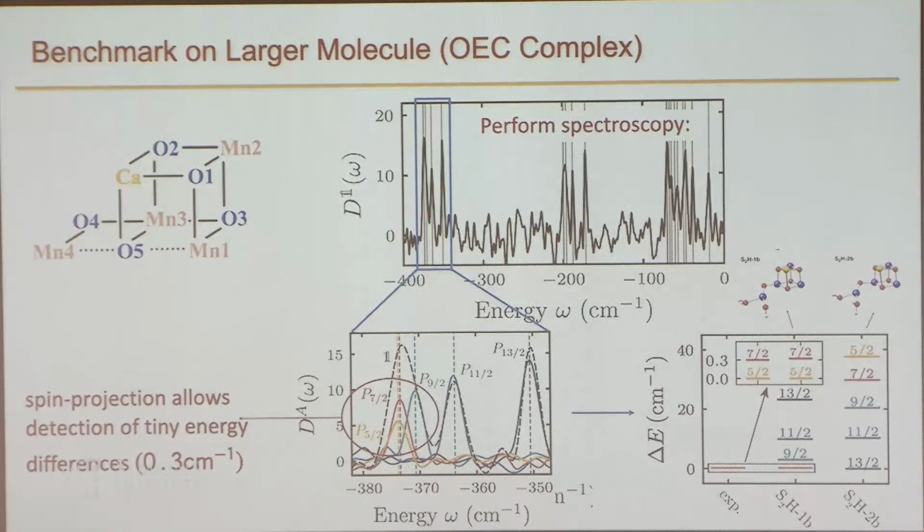In particular, there was a long-standing open question about this same molecule, about two possible configurations of it. I think you cannot see that, they are called S2H1b and S2H2b. It's not so clear whether this low energy distribution has the 5½ above the 7½ and then the 9½ etc., or whether the other configuration has that.